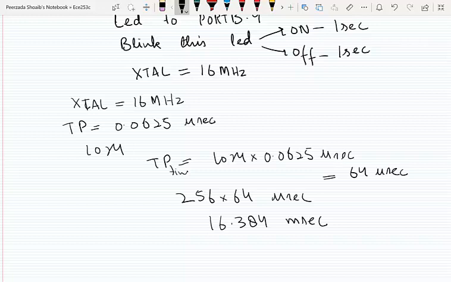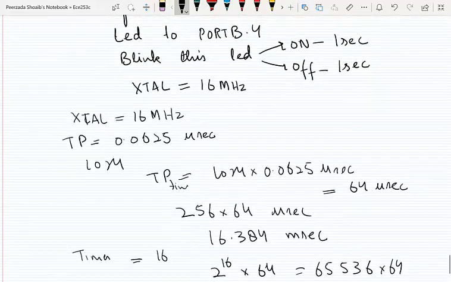Since timer 1 is 16 bits wide, the maximum time delay will be 2 raised to power 16 multiplied by 64. That means 65536 into 64 microseconds.